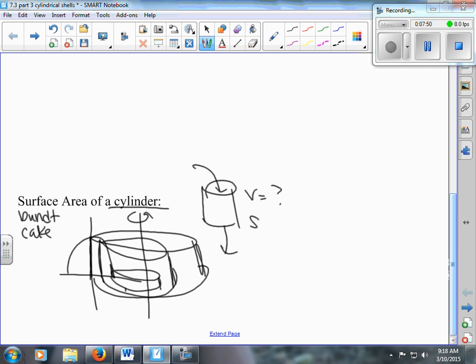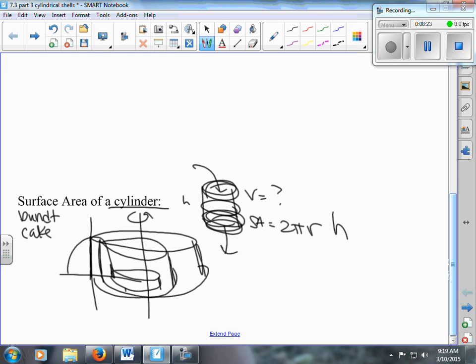So the surface area of it is circumference times height. It would be area times height if it were filled. But if you think about this, it's just a bunch of different rings added up together. So the surface area is 2 pi r, the circumference, times h, the height.